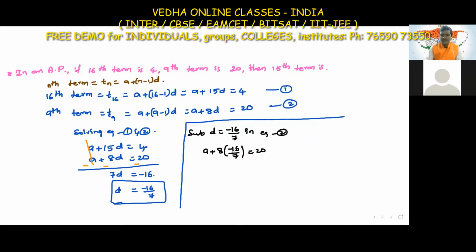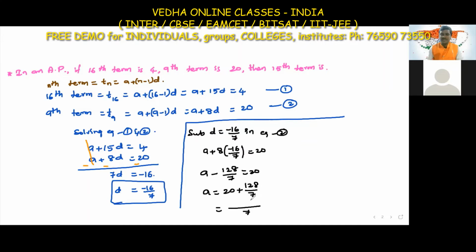Now 16 into 8, how much do we get? 16 into 8 is 128. So a minus 128 divided by 7 is equal to 20. So the value of a is equal to 20. Take this term to the right side, so it becomes positive, plus 128 divided by 7. Take LCM.